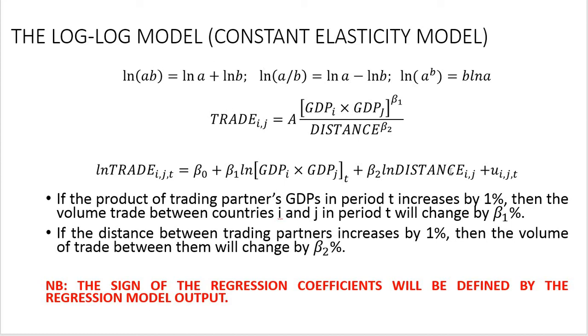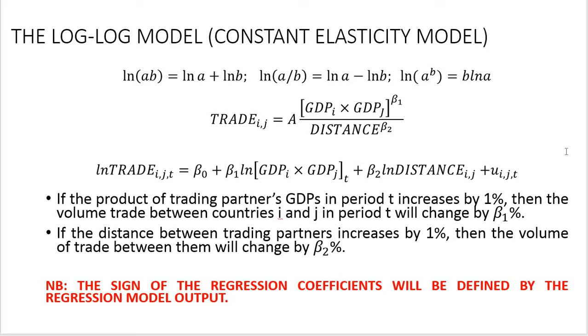So after a set of transformations, this is what you're likely to get. I would like to mention that according to this formula, there should be a minus in front of the distance variable, because we use this formula: the natural logarithm of the ratio of a to b is equal to the natural logarithm of a minus the natural logarithm of b.